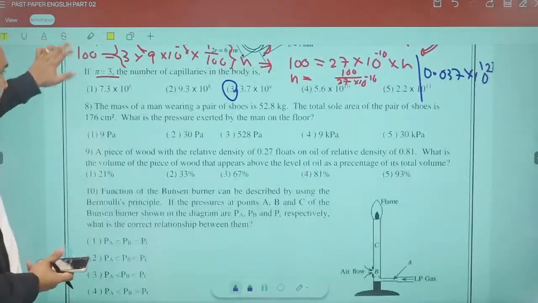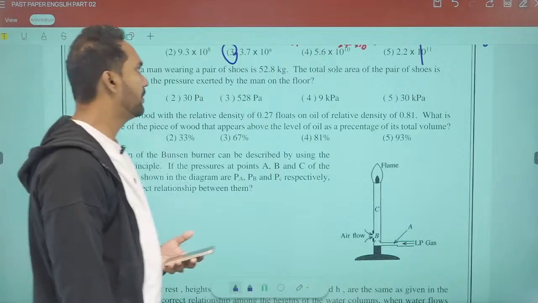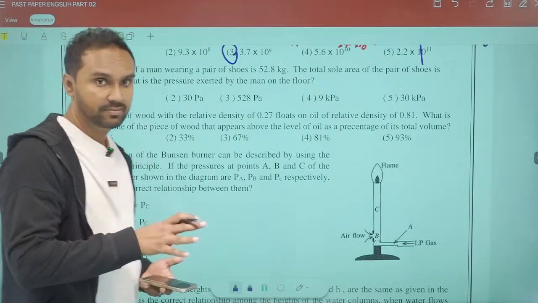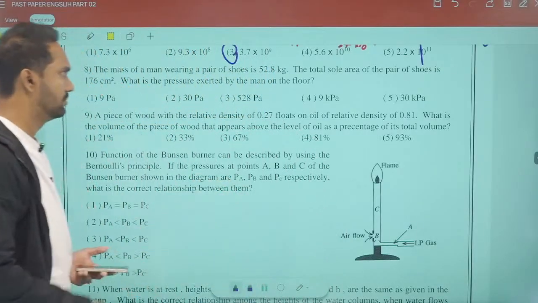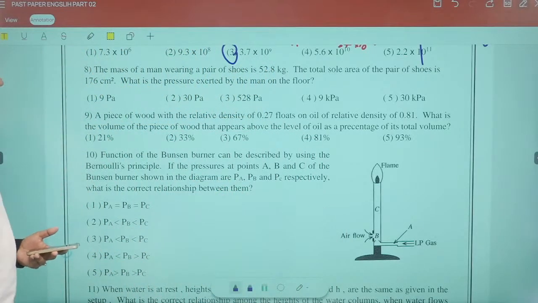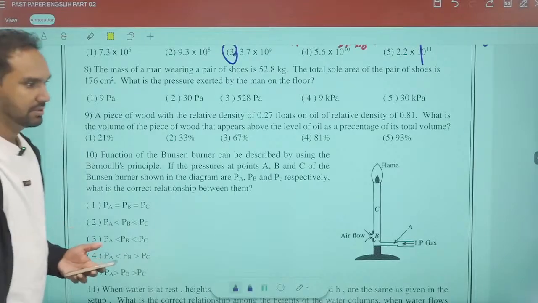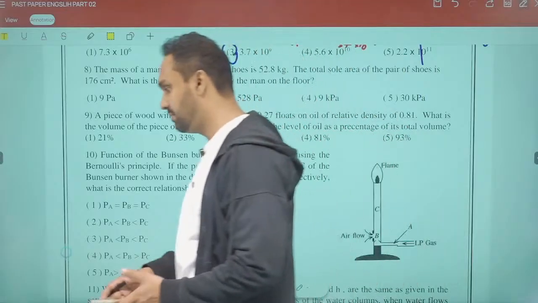8th question. The mass of a man wearing a pair of shoes is 52.8 kilograms. So those questions we discussed were a bit difficult. If you can manage it, then it's okay. It's still under the physics questions, and they are the very last questions of the paper.